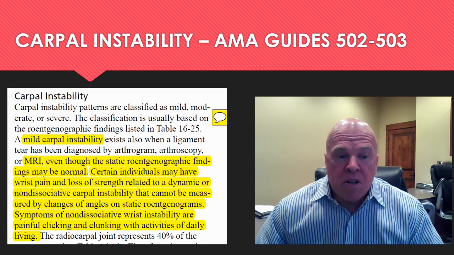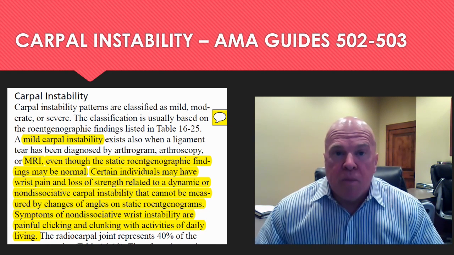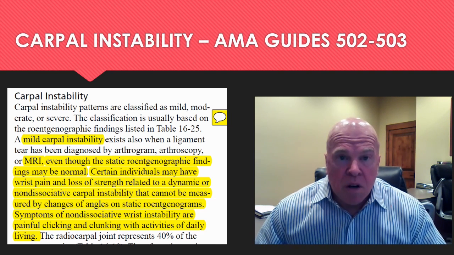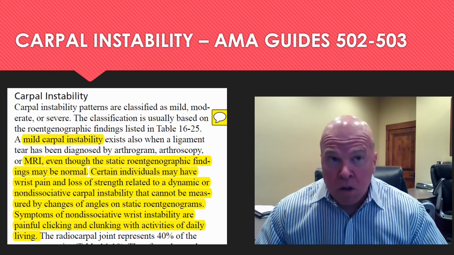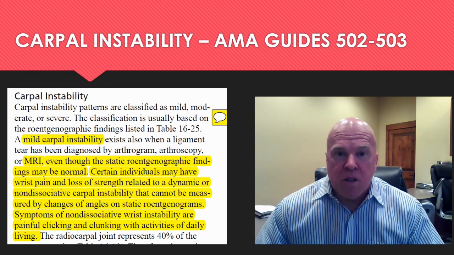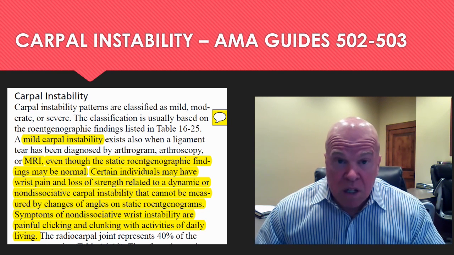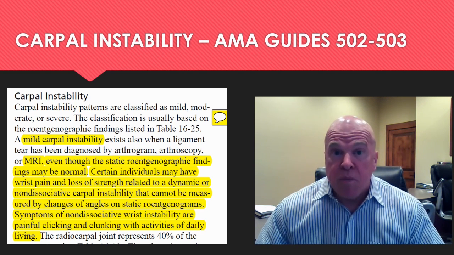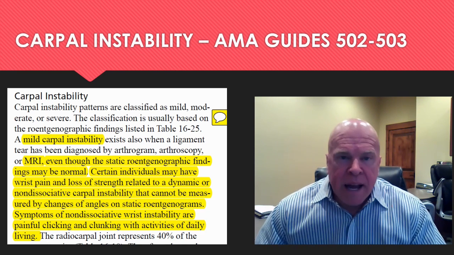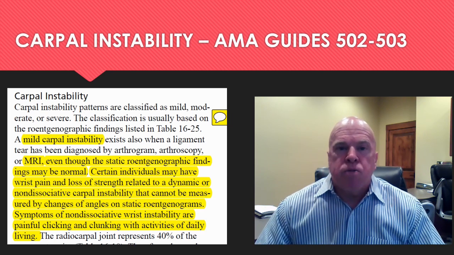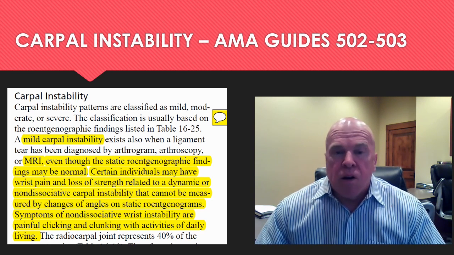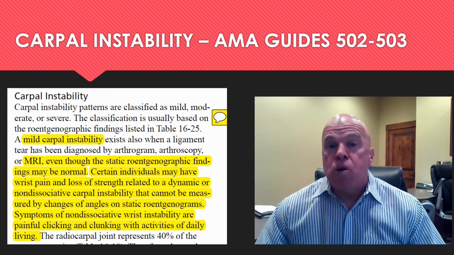So the Guides tell us that a mild carpal instability, in other words, the lowest level of impairment, exists also, meaning in addition to the mild carpal instabilities that are described in Table 16-25, a mild instability exists also when a ligament tear has been diagnosed by arthrogram, arthroscopy, or MRI, even though the static roentgenographic findings may be normal.